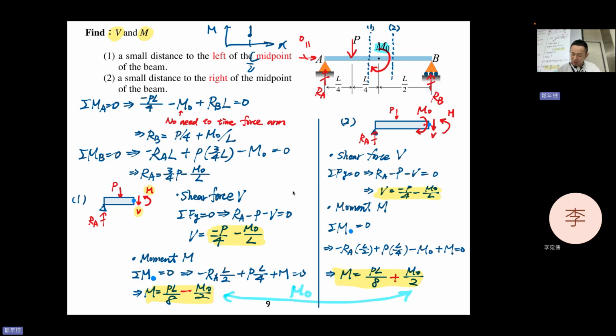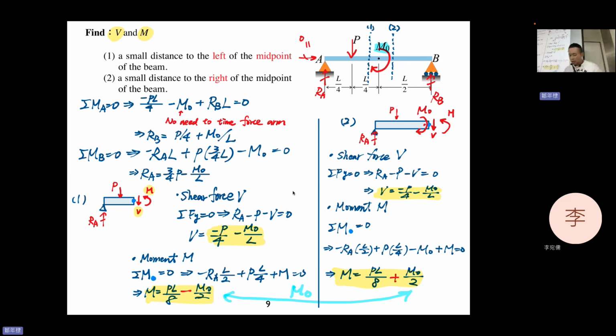It's ugly, but later you will see an example exactly like that. The moment value will jump because of the applied clockwise moment.